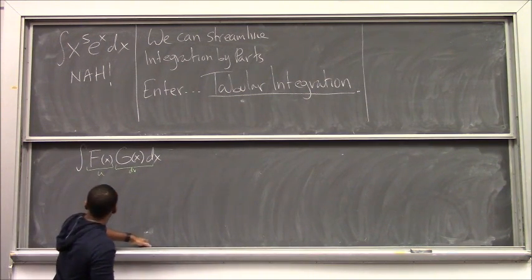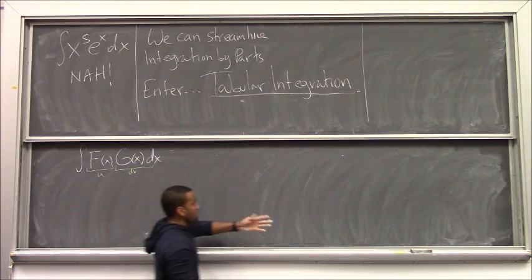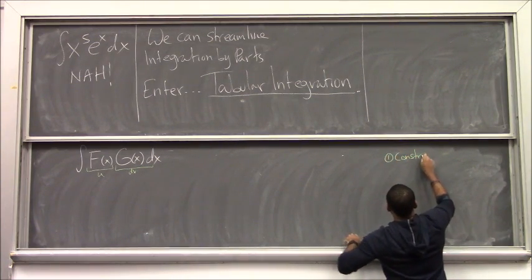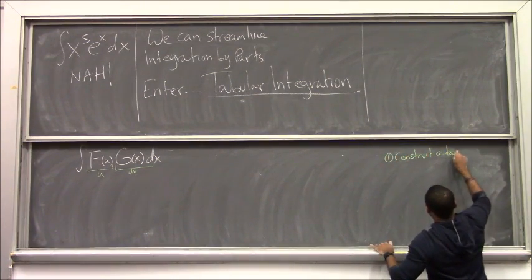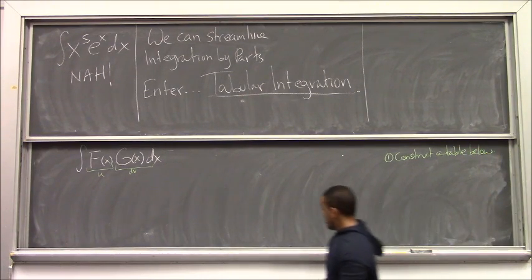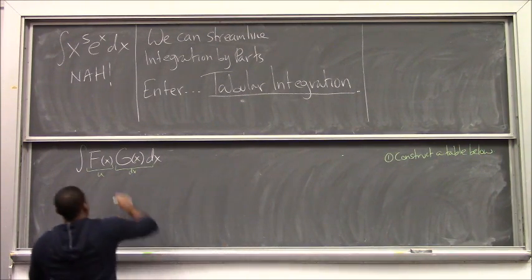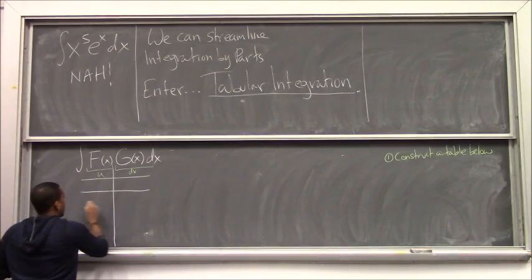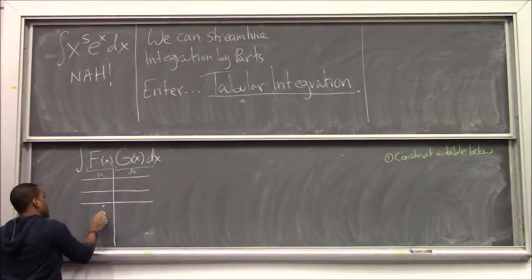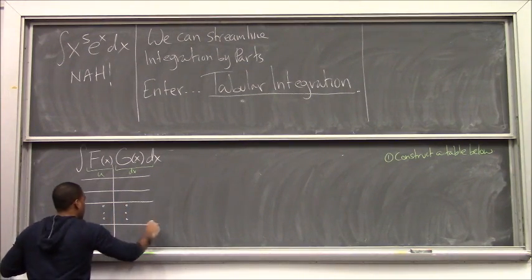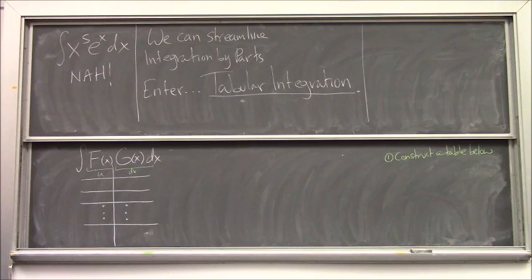Step 1, you're going to construct a table below it. Draw a straight line down and create a bunch of rows. How many rows? I can't tell you in general. It's going to depend.